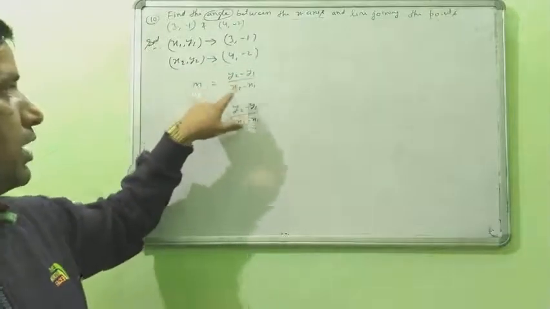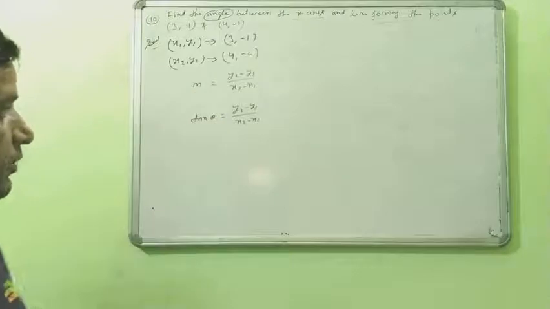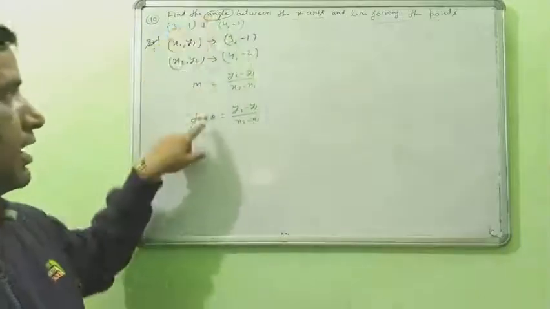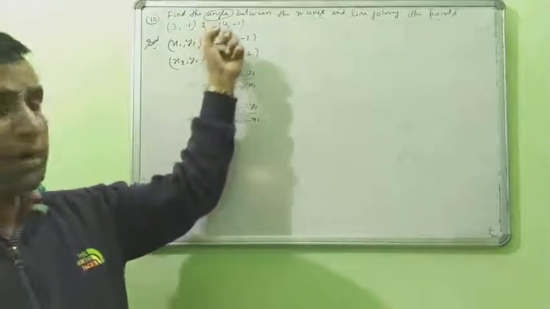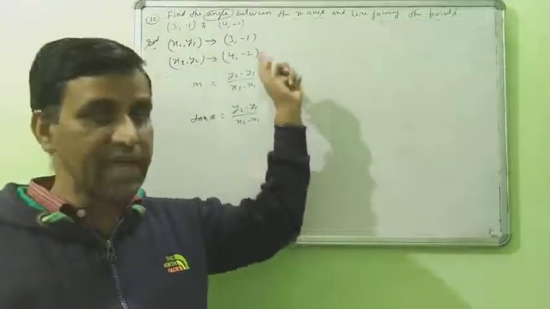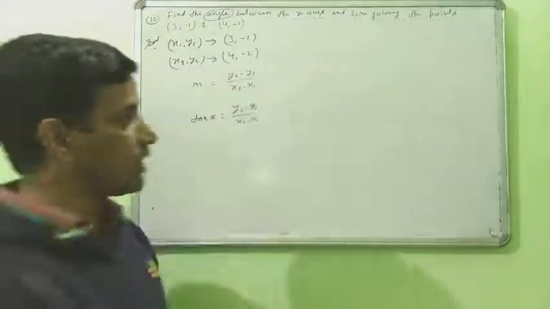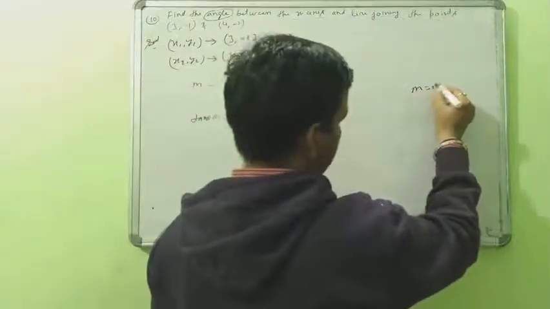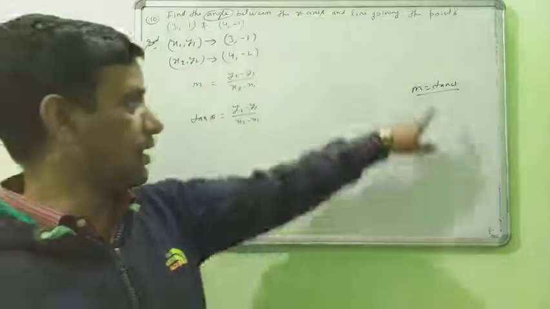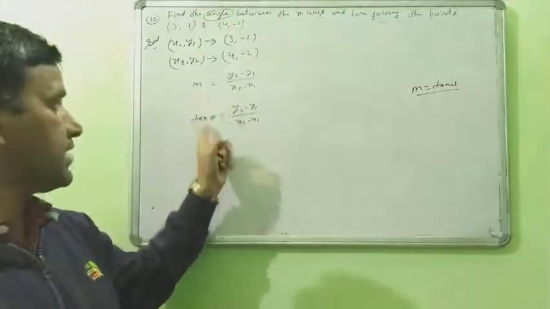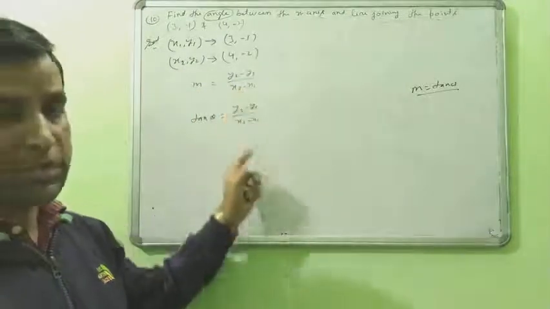The value of m is tan theta. When you find the angle, then you convert m equals tan theta. Suppose you will find the angle between the line and the x-axis, then you will convert m equals tan theta. When you find the angle, I am putting tan theta here, but the right side will be the same.